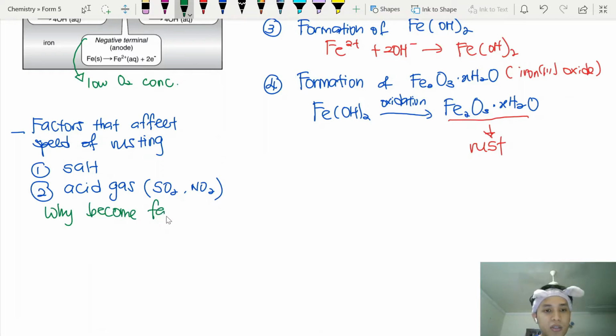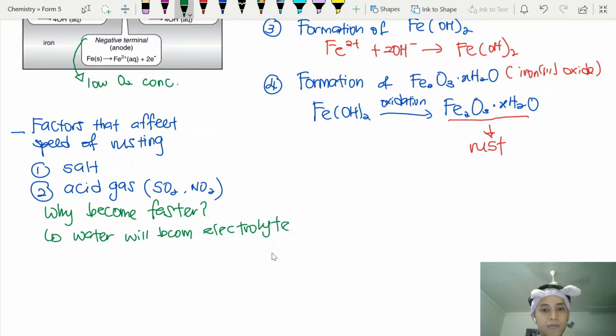I'm writing in simpler English so it's easier for you to understand. These two things will make water become a better electrolyte. So if it is a better electrolyte, meaning your electrical conductivity will increase.